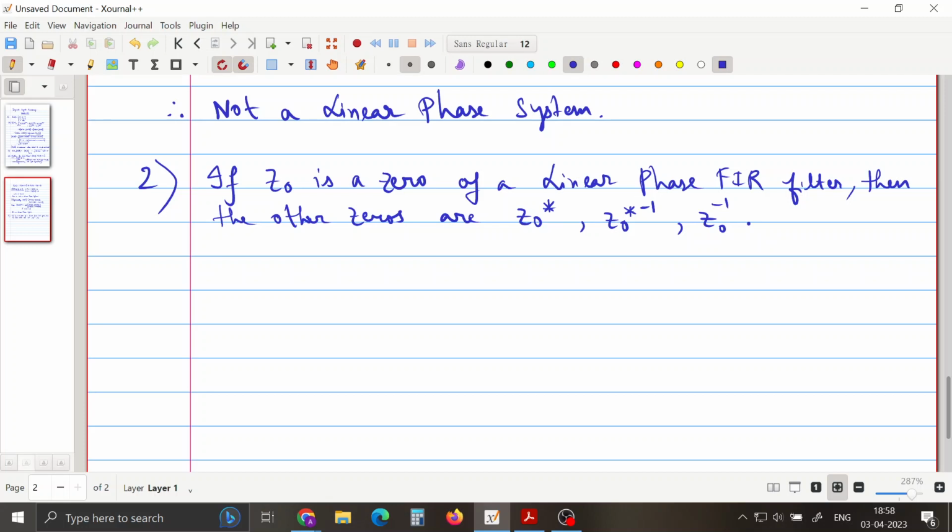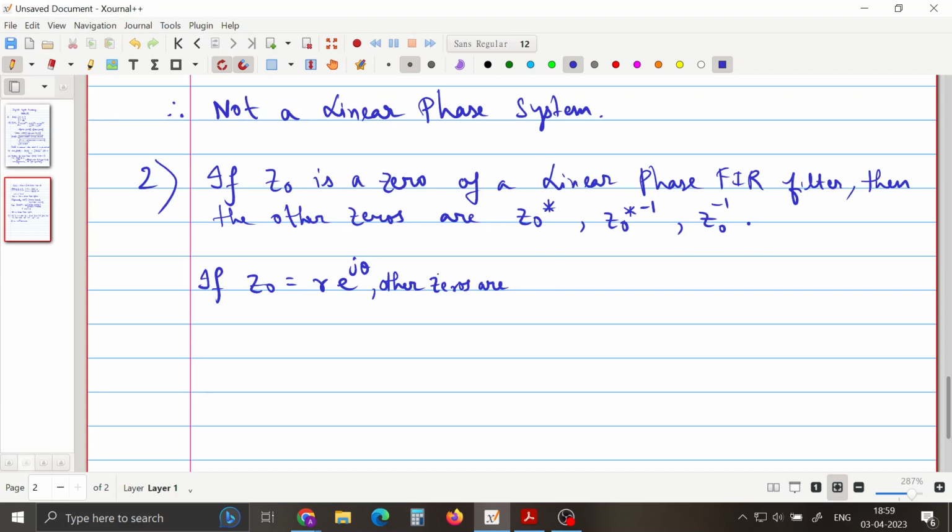So basically if z0 is of the form r times e power j theta, the other zeros are z0 star. What is z0 star?